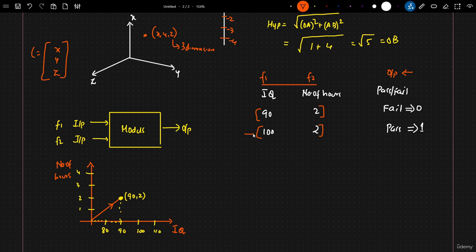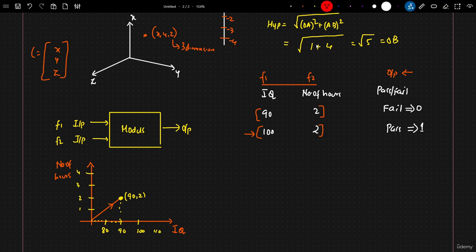Similarly, I may have another record, 100, 2. Or let me just do one thing. Let me write 100, 3, so that the points will not overlap.